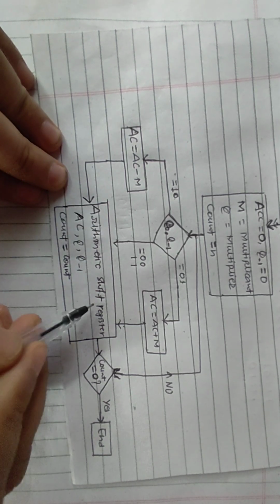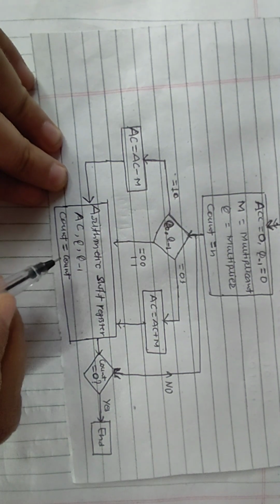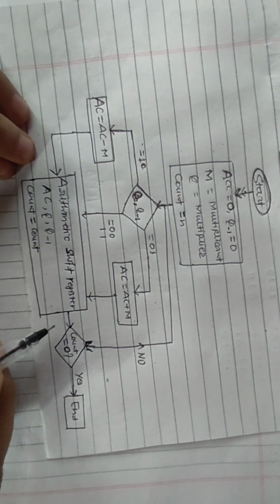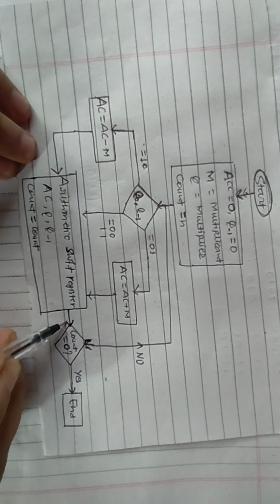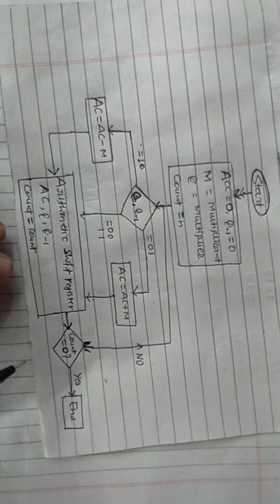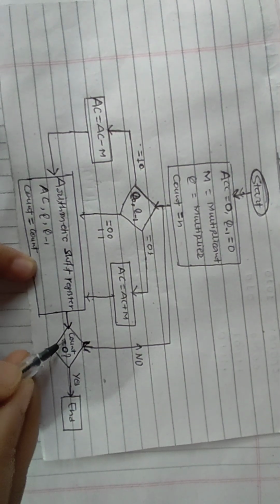And here you can see the arithmetic shift register. It means the value of the registers will be shifted, and count will be decreased by 1. Then we have to repeat these operations until the value of count is 0.